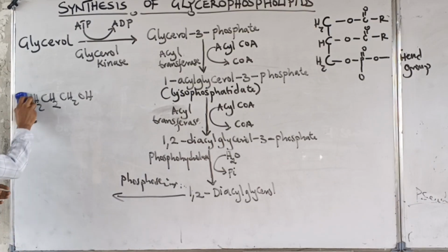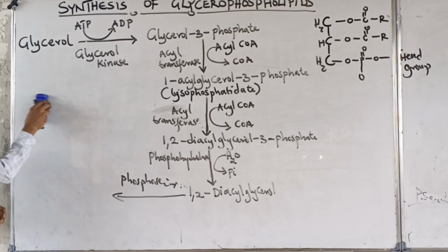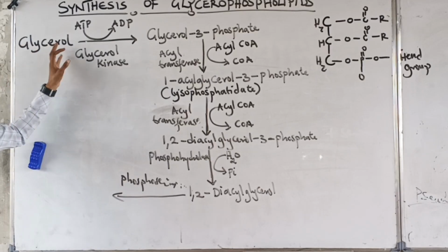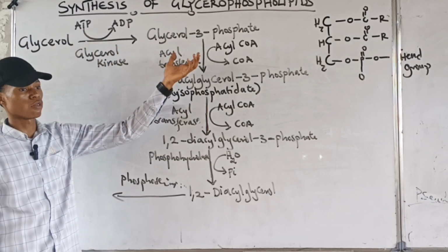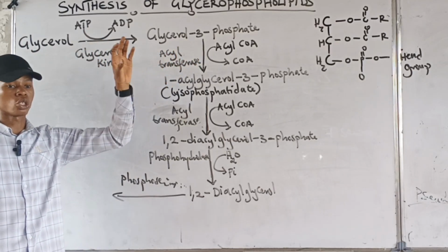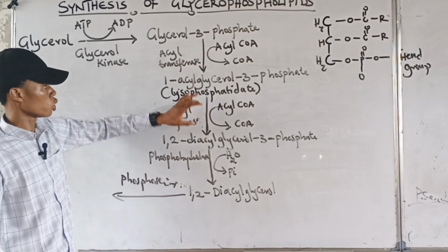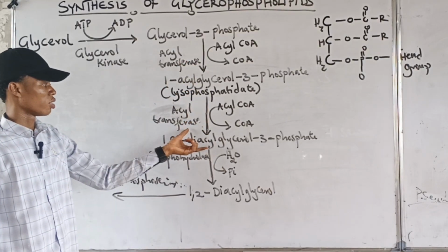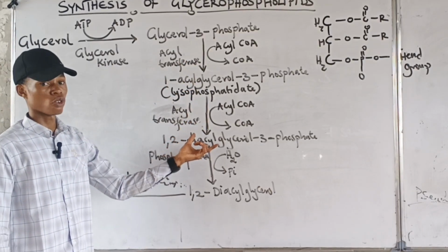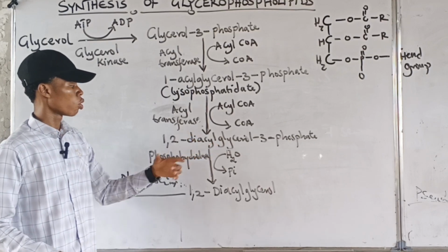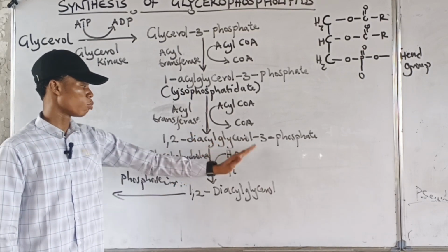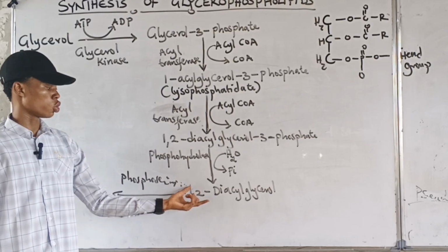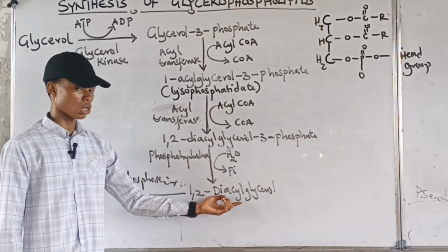All right, but if you forget anything I've said so far, the bottom line is from glycerol you phosphorylate it to glycerol 3-phosphate, then you add fatty acid on positions 1 and 2. That was what you did here. From here, 1,2-diacylglycerol 3-phosphate, you can just be adding your head group, or you decide to remove the phosphate group on position 3 to have 1,2-diacylglycerol.